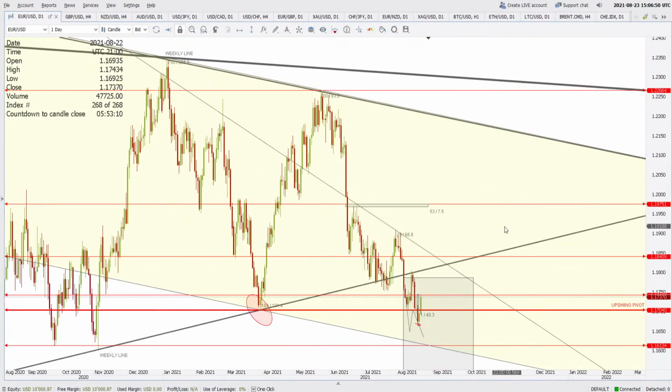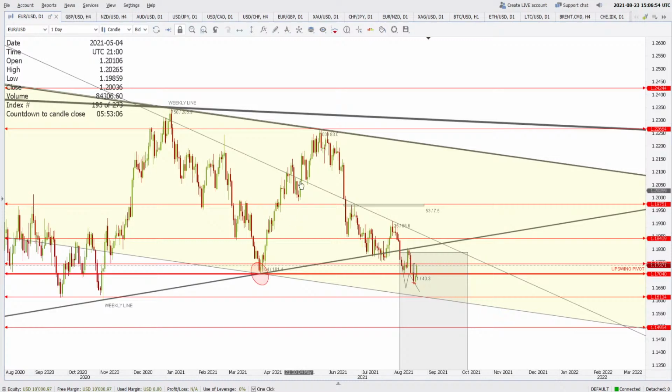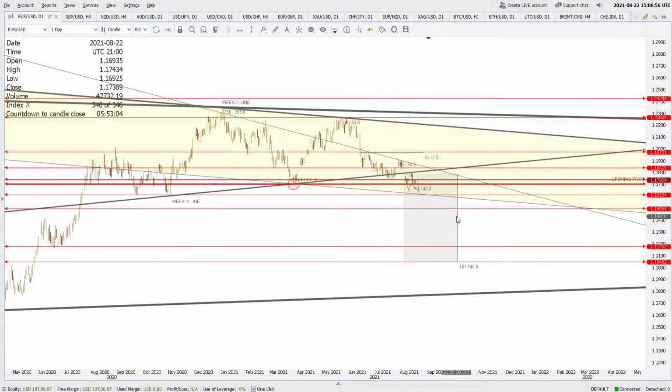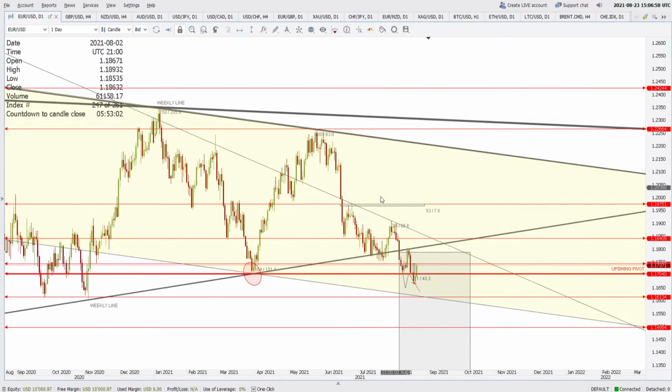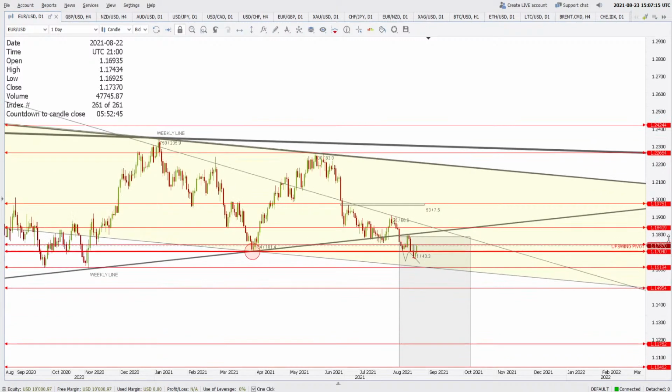If the structure is down and this symmetrical triangle is broken, the height of the triangle is the target which we have measured on our chart like this, and we have measured that 1.1046 is the target on the downside.